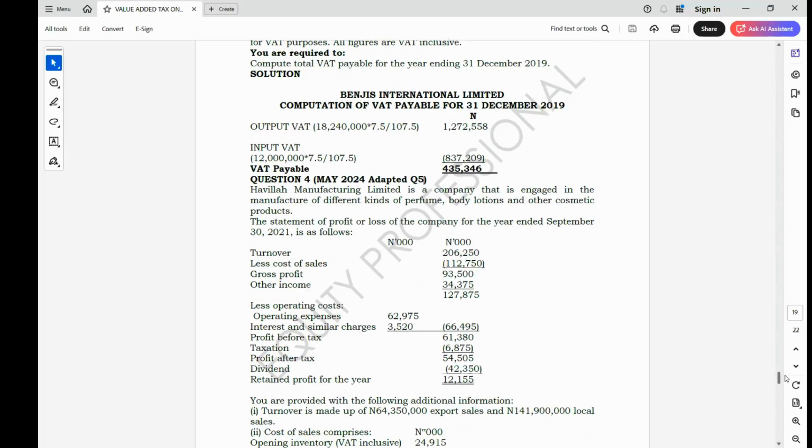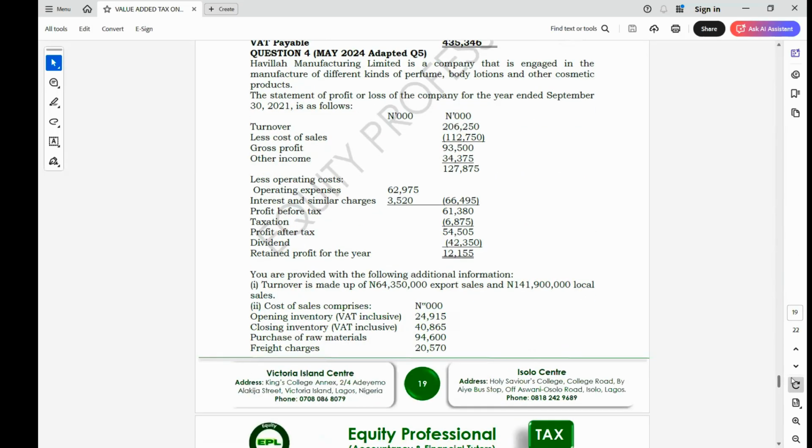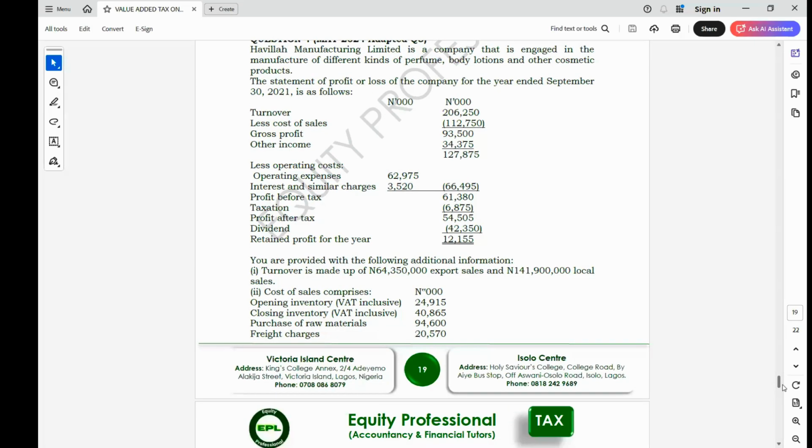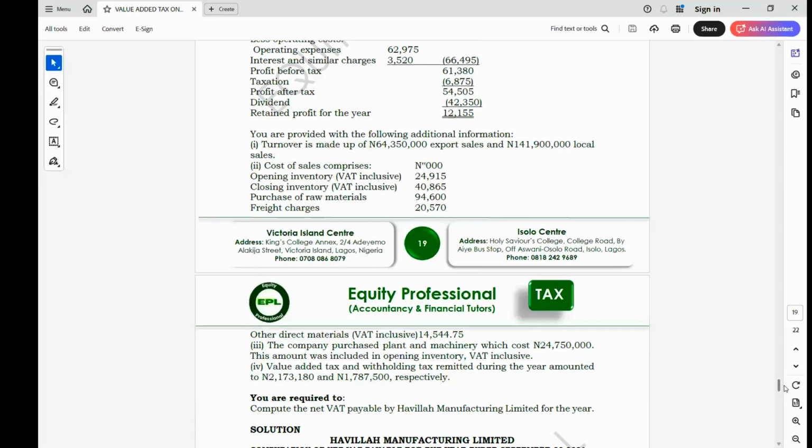You are provided with the following additional information. Turnover is made up of 64,350 export sales and 141,900 local sales. Cost of sales comprises opening inventory VAT inclusive, closing inventory VAT inclusive, purchase of raw material, freight charges, other direct material VAT inclusive.